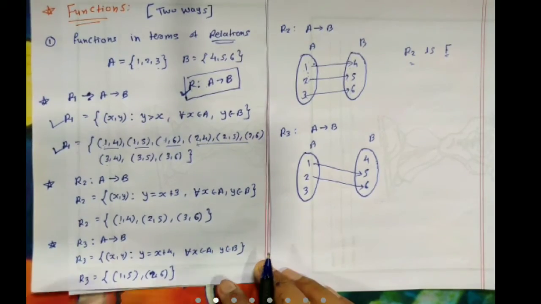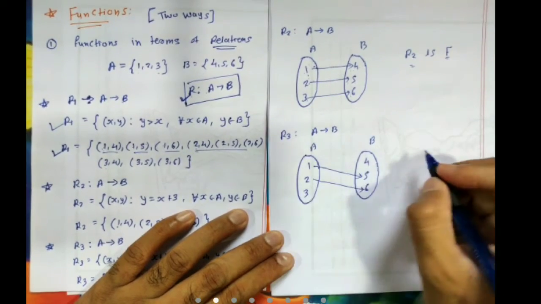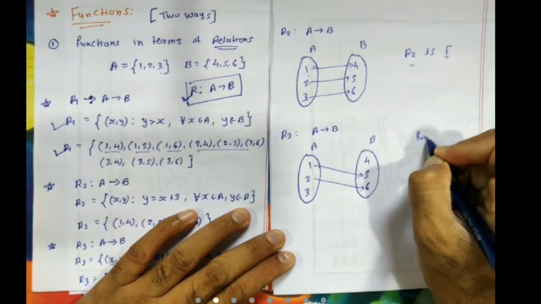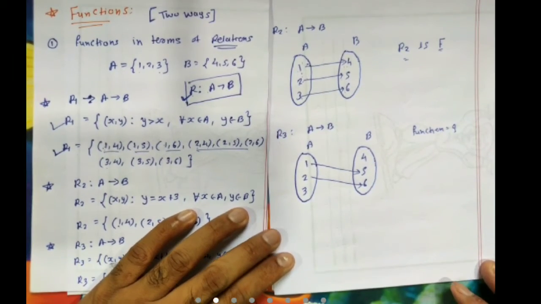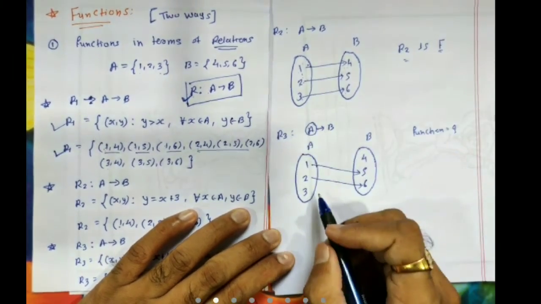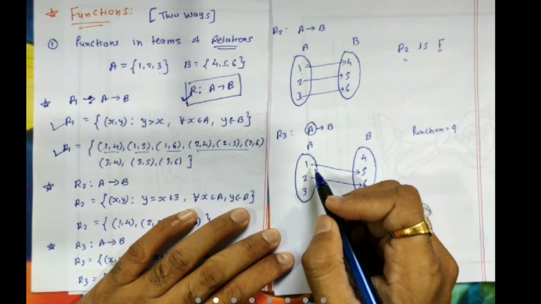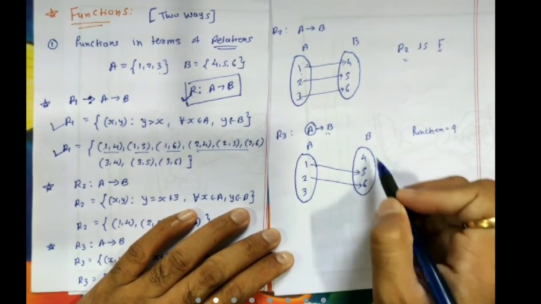So देखो conditions. Can we say this relation R3 to be a function? Whether it is a function? So for that you have to check two conditions. First condition, set A. All the elements of set A have an image. So all the elements means elements 1, 2 and 3. तीनों एलिमेंट की सेट बी के अंदर एक इमेज होनी चाहिए.